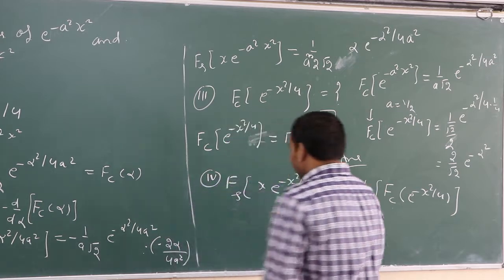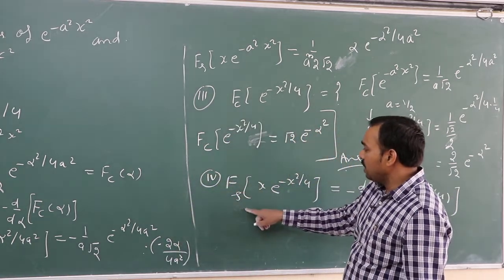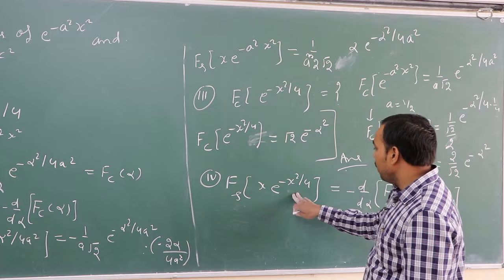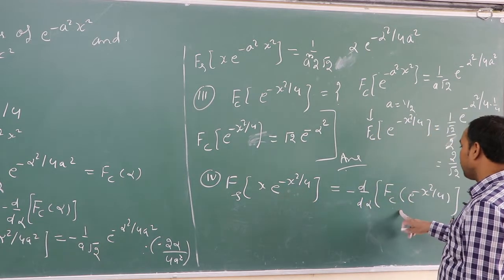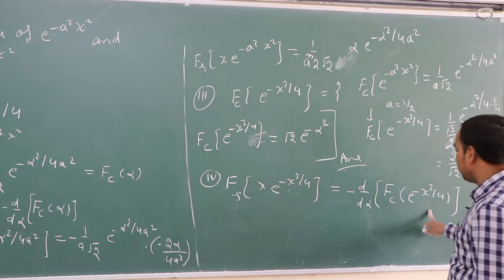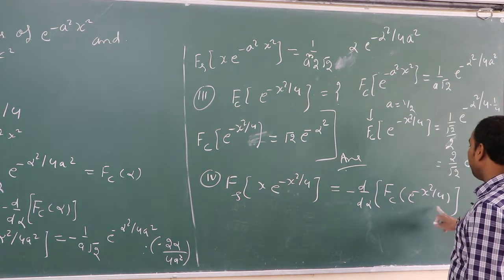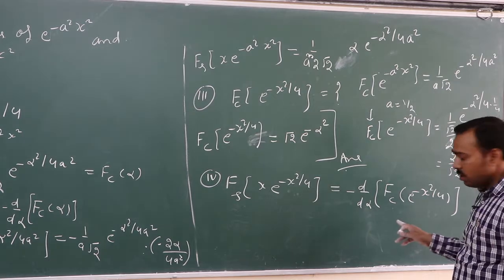As we know, by definition the Fourier sine transform of x f of x equals minus d upon d alpha of the Fourier cosine transform of f x. Here f x is equal to e to the power minus x square upon 4.